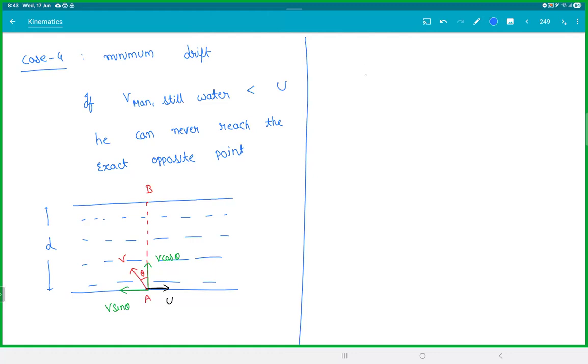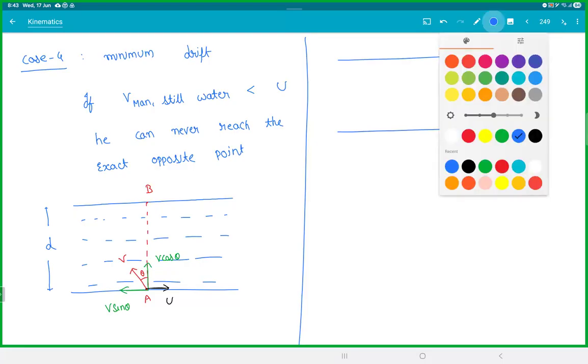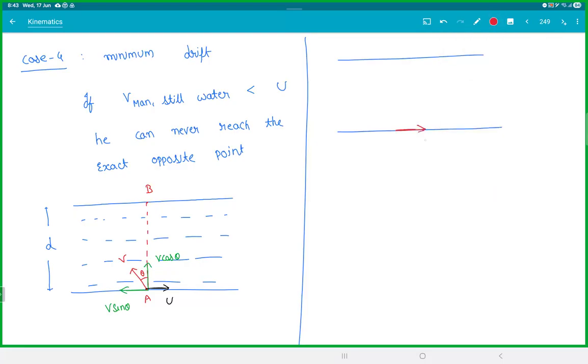Now, if you look at the man's speed, in this direction, we have the river's speed minus your V sin theta. And this cannot be 0 because V is less than U. And in this direction, you're going with V cos theta. That means you will travel somewhere here to point C.